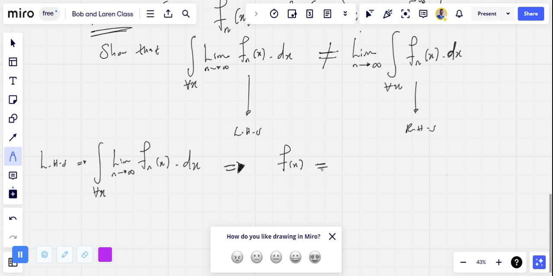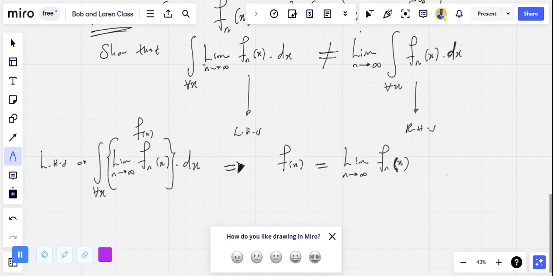At the end of the day, that f(x) is equal to the limit as n tends to infinity of that sequence of functions. That will be equivalent to that real valued function that exists in that definition. So the whole of this expression here is equivalent to f(x) dx.